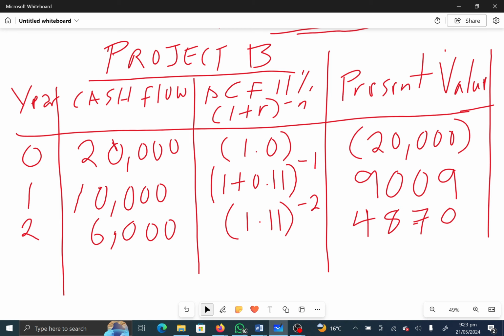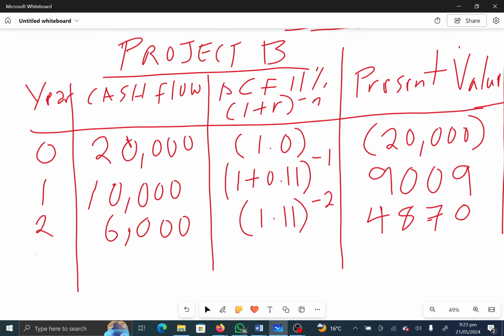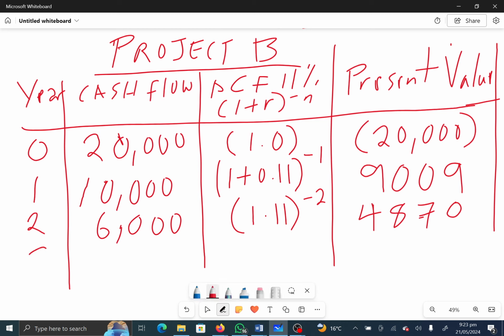So, what are we getting? 4,869.7. Yeah, so when you round off, it will be 4,870. So we go into year 3. In year 3, our cash flow was 9,000. Then the discounted cash flow is 1.11 to the power negative 3, since the year is 3.